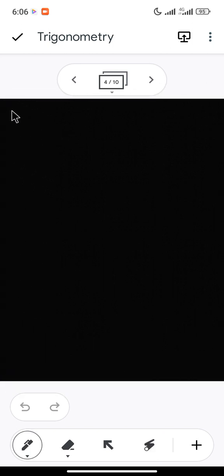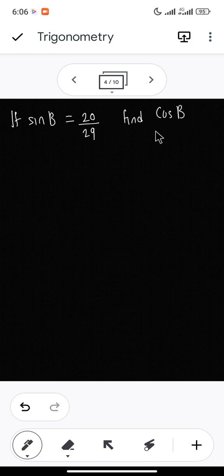Now, question 2 says if sine B gives you 20 over 29, you should find cos B and tan B if B is obtuse.